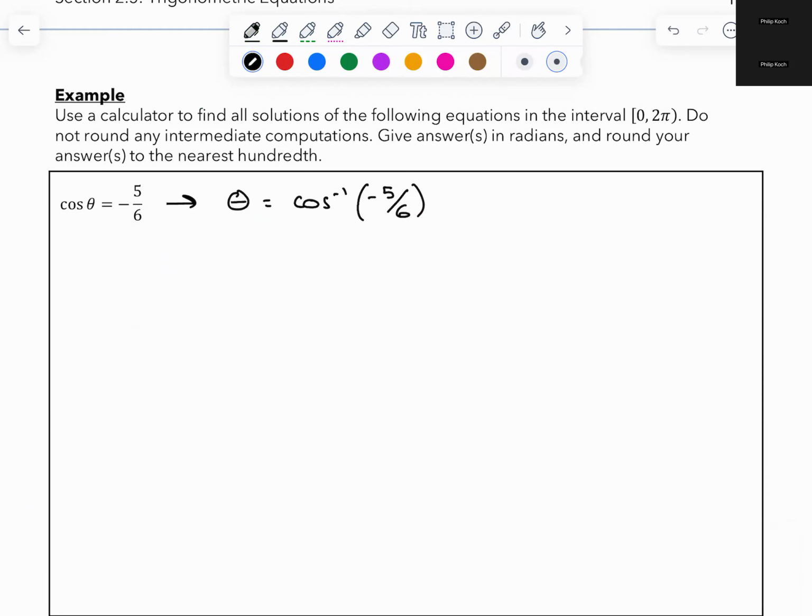Cosine inverse of negative 5 over 6 is approximately 2.56 radians. So that is a number between 0 and 2 pi.